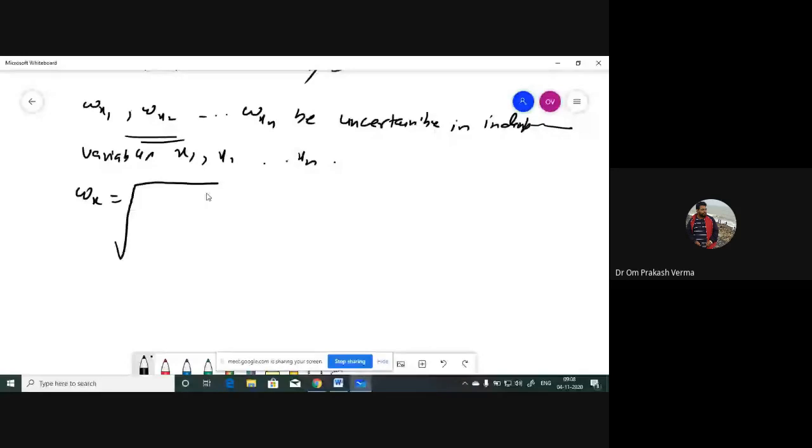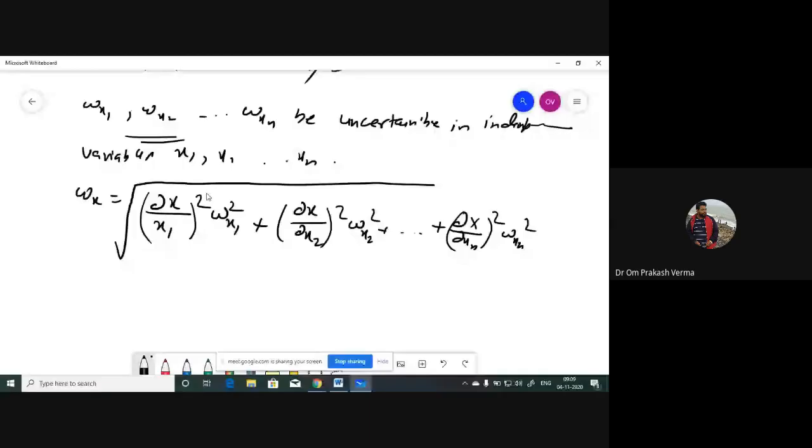So simply you can write (delta x upon delta x1) square times Wx1 square, in a similar way (delta x upon delta x2) square Wx2 square, and so on, plus (delta x upon delta xn) square Wxn square, all under a square root. With the help of this formula, you can find out the overall uncertainty.